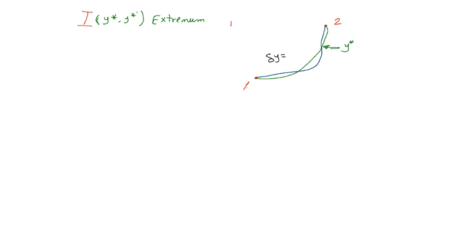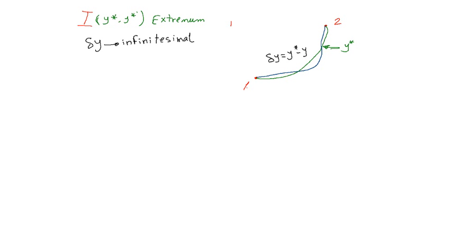Delta y is equal to y star minus y in general. So delta y has a very important condition. It should be infinitesimal to make sure that we are in the neighborhood of the optimal solution.